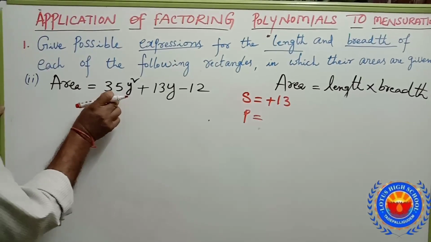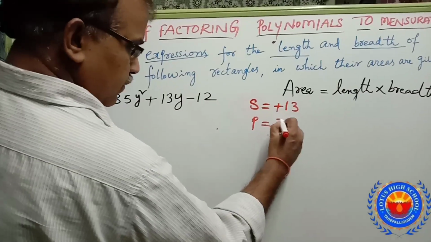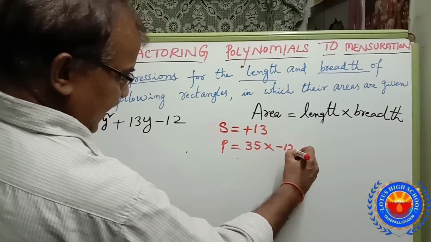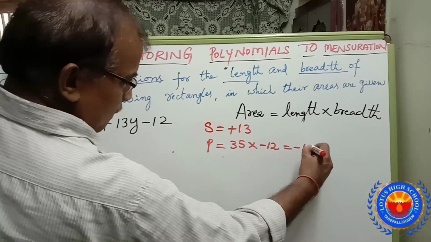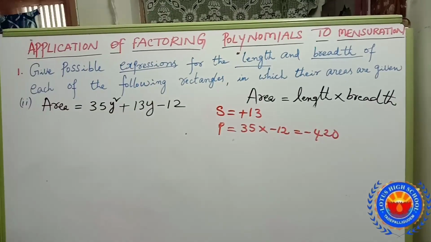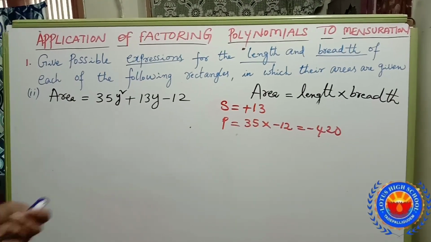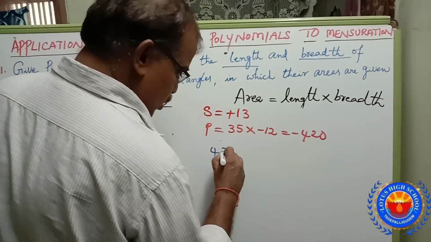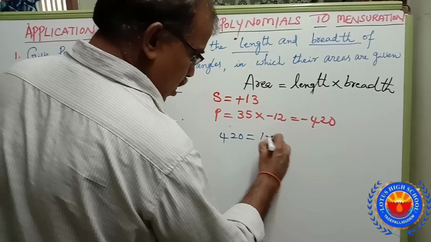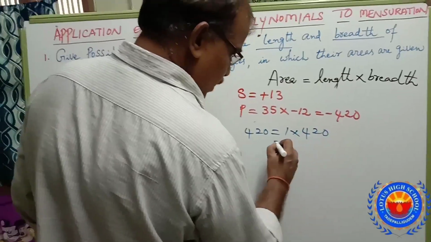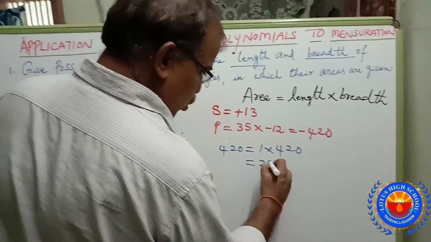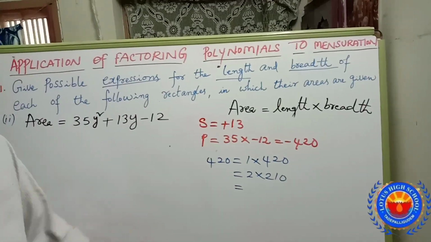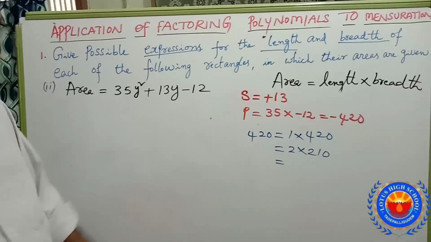Product is equal to 35 into minus 12, that is nothing but minus 420. This minus 420, I'll take only positive 420, go for factorization. 1 into 420. 420 is nothing but 2 into 210. Check, definitely 3 will be there. 4, 5, 6, like that you check.